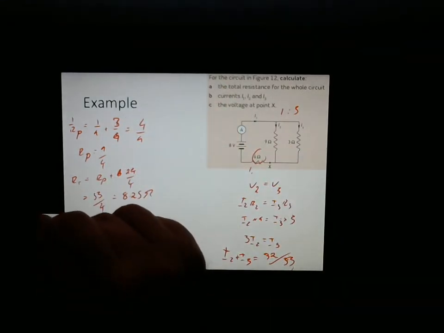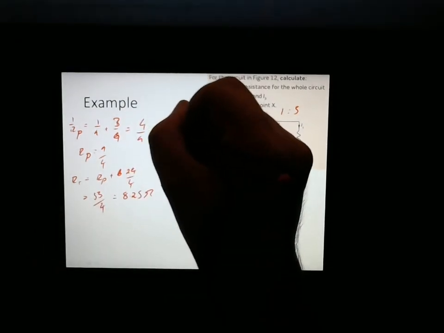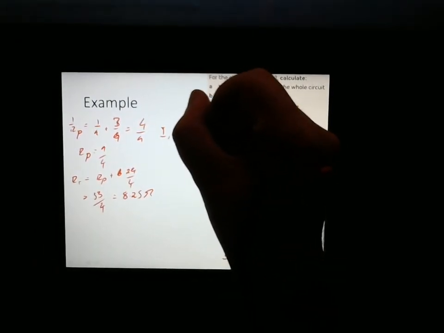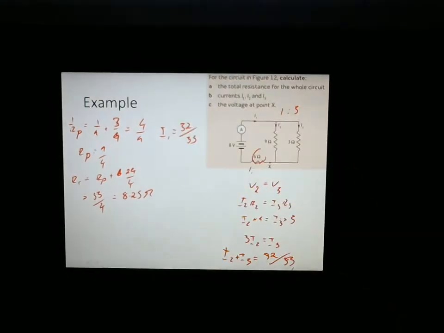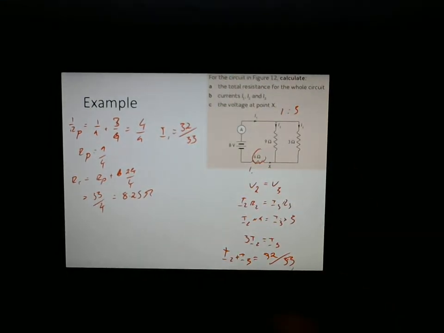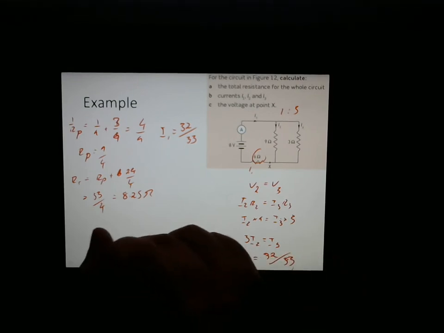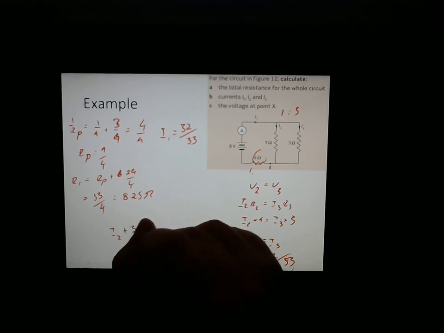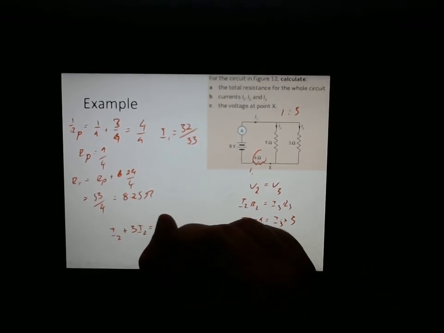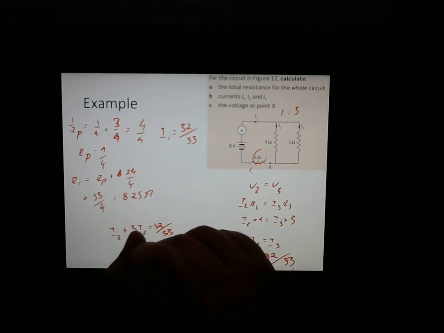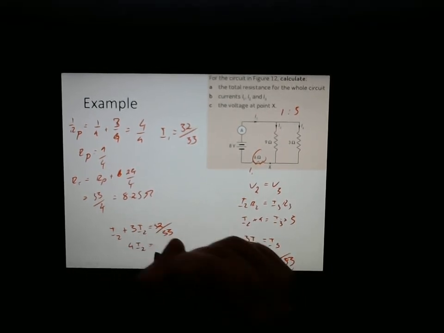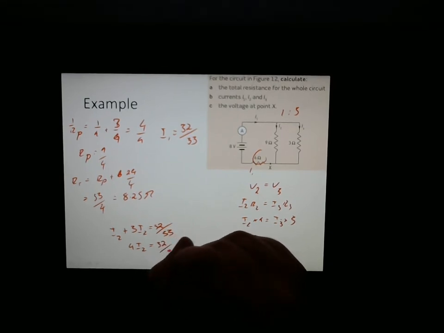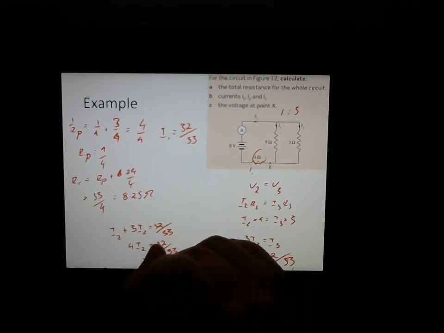So we have up here that I1 equals 32 over 33. But we know that I3 is equal to 3 lots of I2. So I2 plus 3I2 equals 32 over 33, or that 4I2 equals 32 over 33.